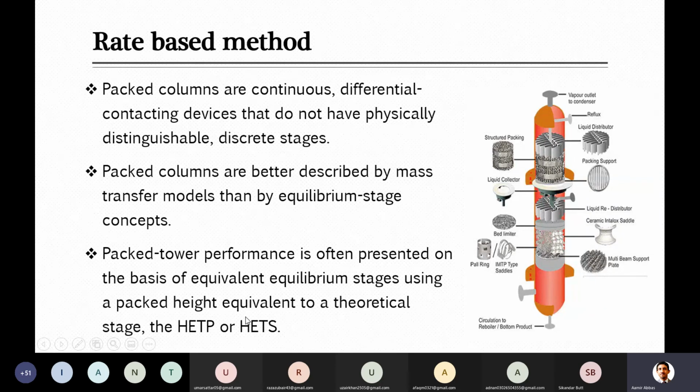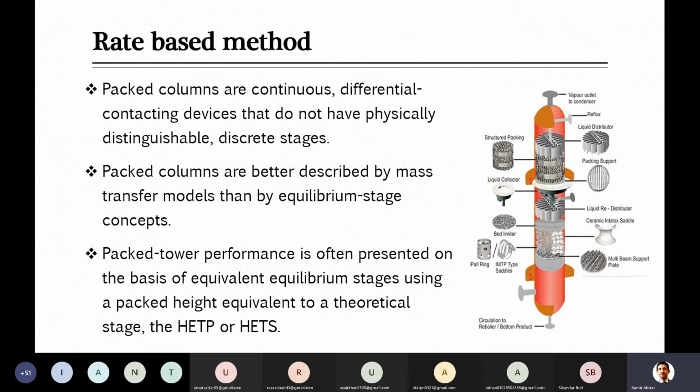That means that if you want some specific separation, and you install one tray tower and do that separation with the help of trays, as well as do the same separation using a packed tower, we have to look at how much height of packing is needed to reach that specific separation, which is for example done with the help of 5 trays.